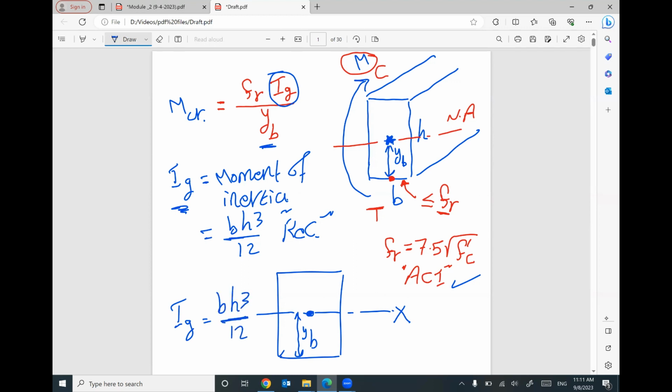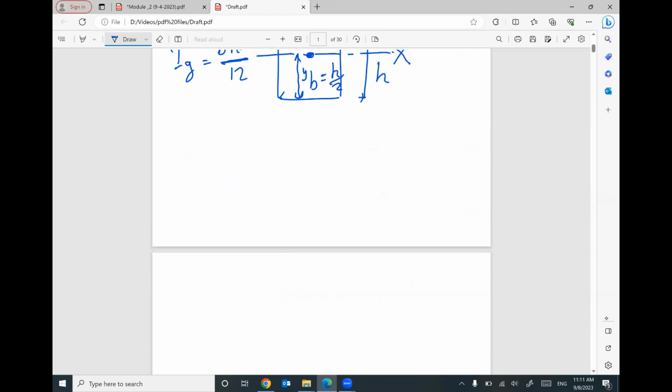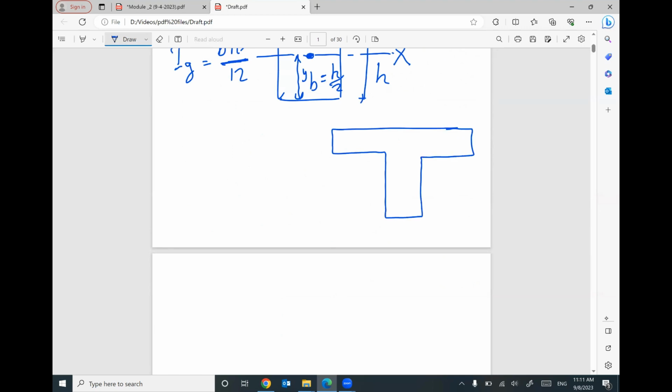Easy case. And YB equals H divided by 2, where H is the total height. But if your cross section is a T section, where is the centroid? I cannot figure this out until I do some calculations.